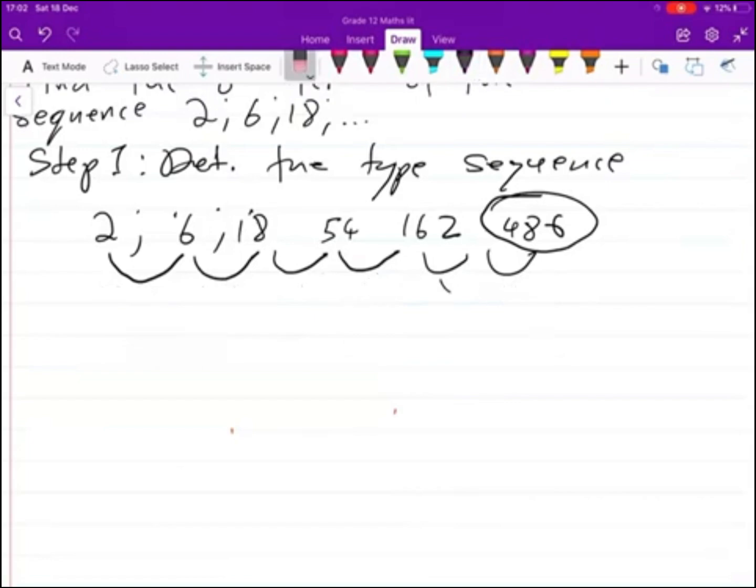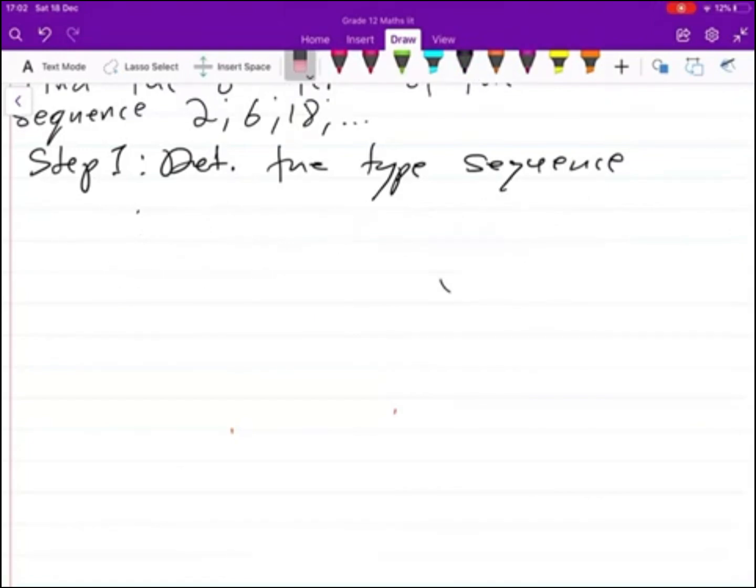However, we are in grade 12, we have a better approach. First we must find the general term, and from the general term we will be able to determine our sixth term.